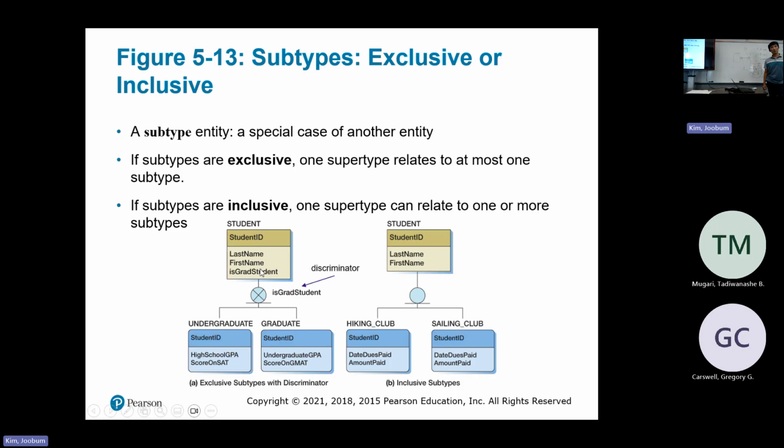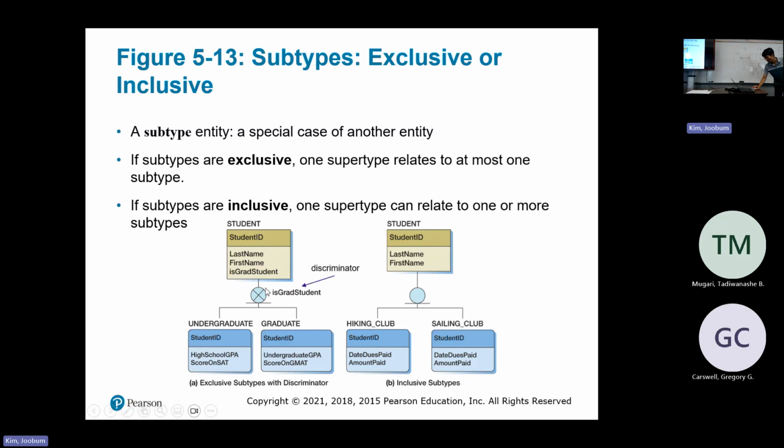Make sense? But depending on undergraduate or graduate, we have to identify that Nico is a PhD, or Christina is a master, Caleb is an undergraduate. So we have to identify depending on the status.